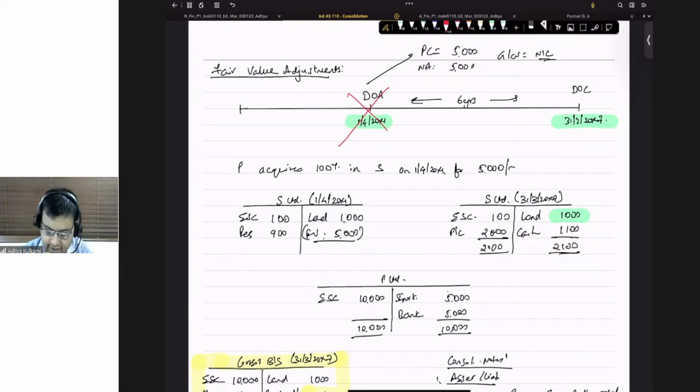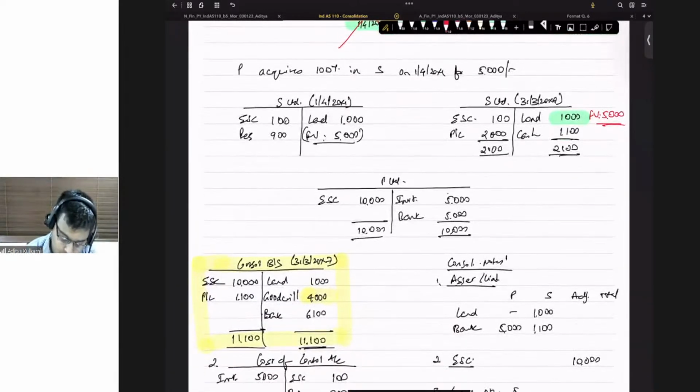What you will be given is the balance sheet here plus the reserves on this date plus certain adjustments. So here they will tell you that land is at 1,000 with fair value of 5,000, so you will have to take the movement in land of 4,000.